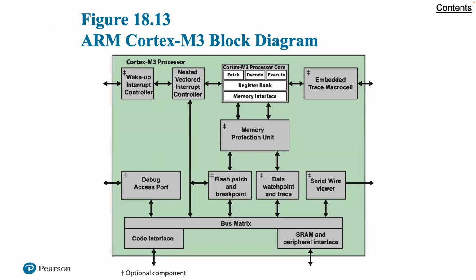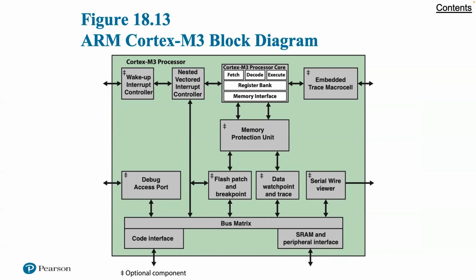So the preceding section looked at the rather complex pipelining organization of the Cortex-A8, an application processor. As a useful contrast, in this section we will examine the considerably simpler pipeline organization of the Cortex-M3. The Cortex-M series is designed for the microcontroller domain.